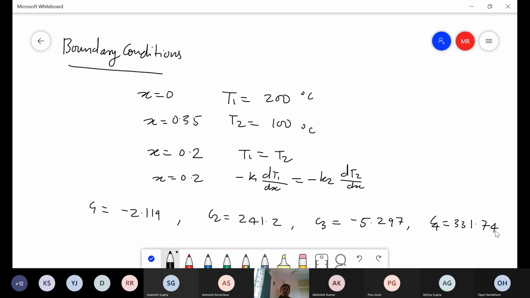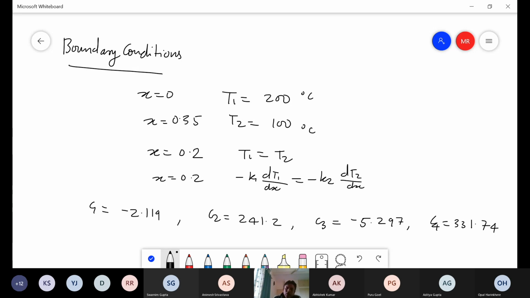So these are correct constants. Yes, sir, we are talking about it. Okay.